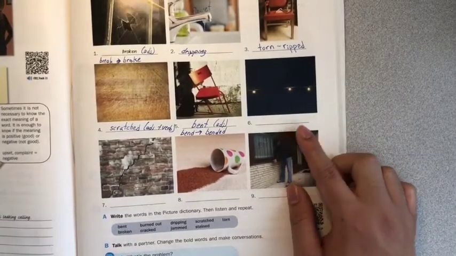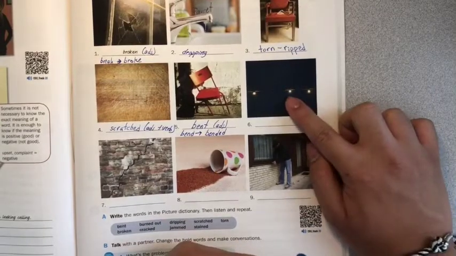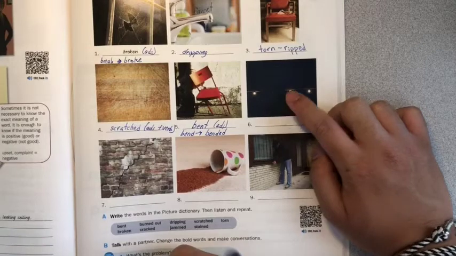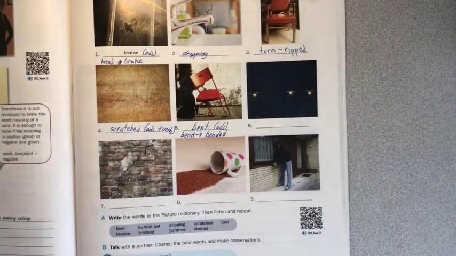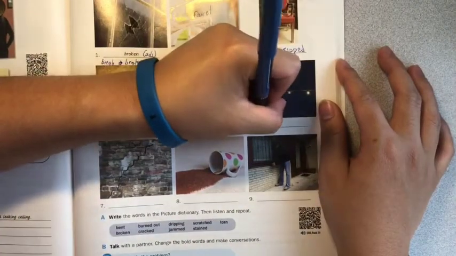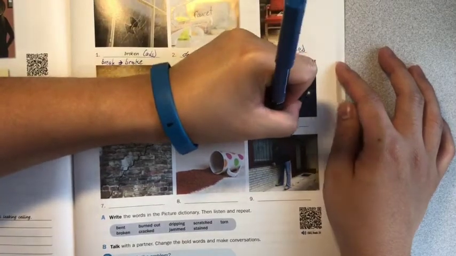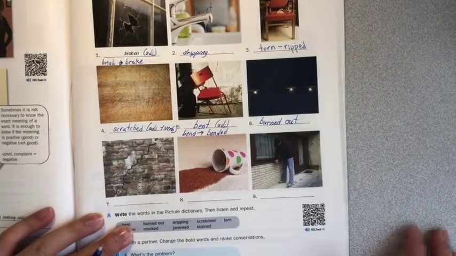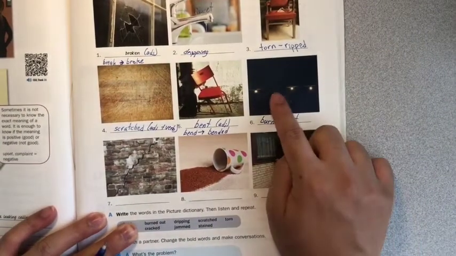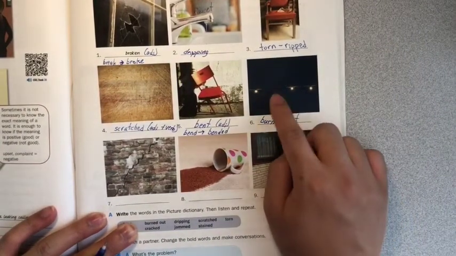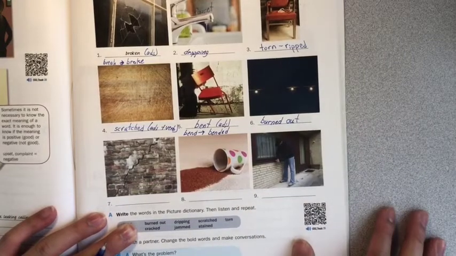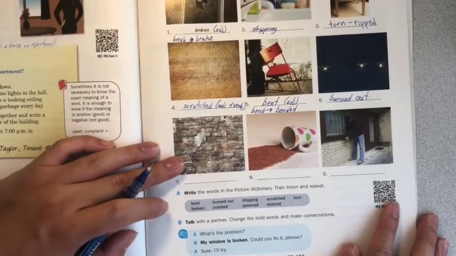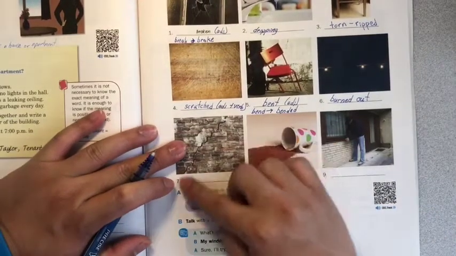Number 6, we have lights, but one of the lights, they do not work. So one of the lights burned out. The light is burned out. This light is burned out, or we say this light burned out. Number 7, we have a brick wall with a crack in the wall.